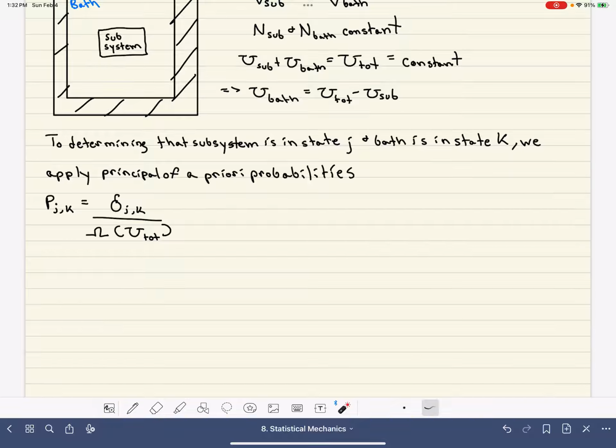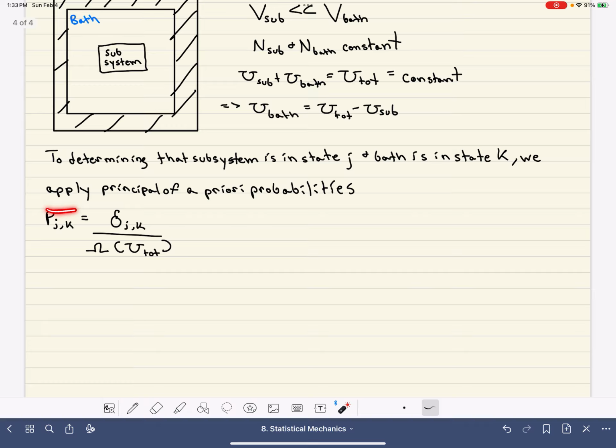Just for brevity, I didn't write it, but volume and number of molecules is also here. But we're going to be keeping that constant anyways. So we could describe the probability of this combined system like this.